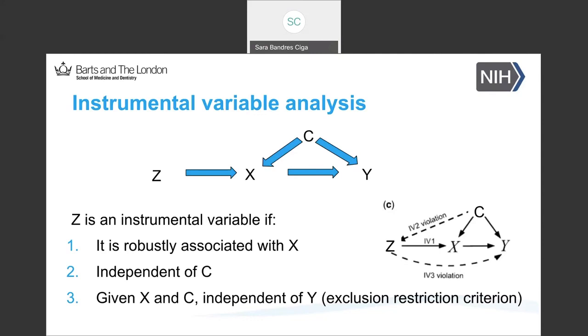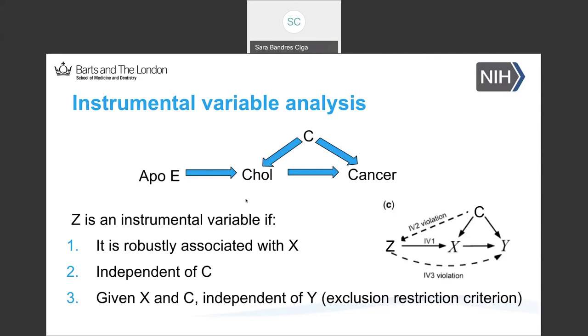So, taking that idea from Katan forwards, MR comes from a wider concept from econometrics called instrumental variable analysis, in which you've got your exposure here, X, your outcome here, Y, your confounding factors, C. We've seen this triangle, and then something upstream of X, Z, which is a proxy, if you like, or an instrument that measures something about X. Z is what's termed an instrumental variable if it's strongly associated with X, if it's not associated with C, and if there is no other pathway by which Z affects Y other than via X. If Z affects X, and that affects Y, then you can use the relationship between Z and X and Z and Y to make an estimate of how changing your exposure would affect your outcome.